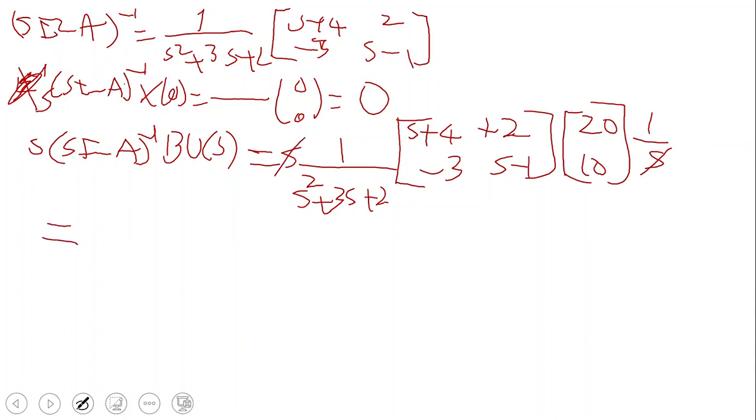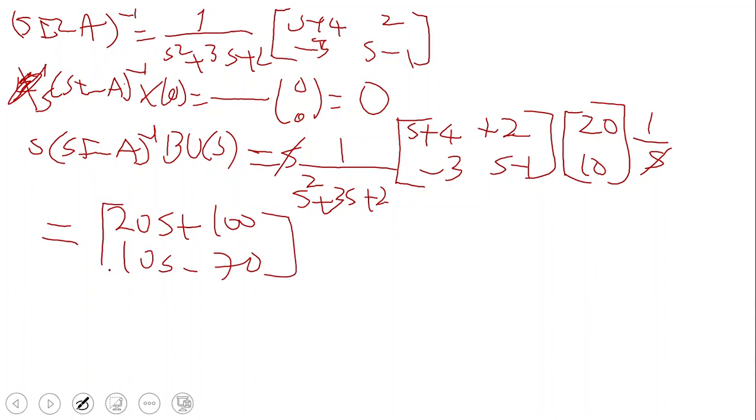Therefore, this is (s plus 4) into 20, so 20s plus 80 plus 20, that is 20s plus 100. Then here 10s minus 60 minus 10, so 10s minus 70. Therefore, these are multiplied by 1 by (s square plus 3s plus 2).